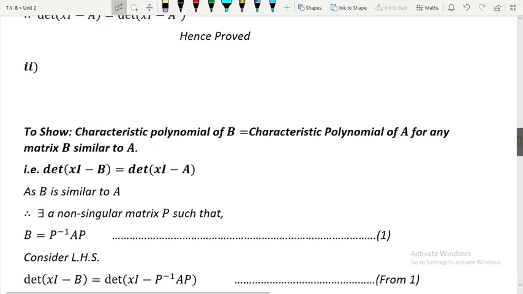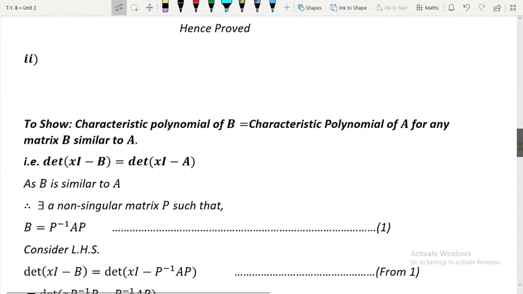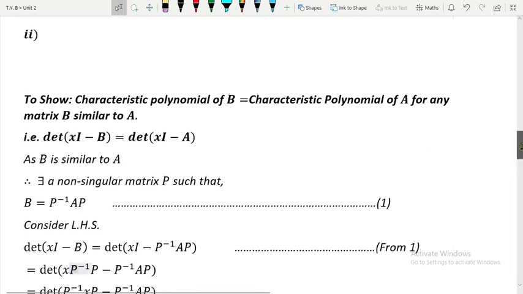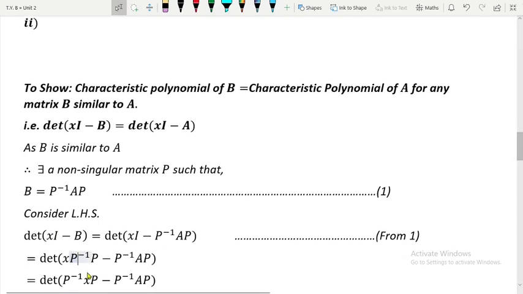So I have considered the left hand side of this determinant of xI minus B, but B is P inverse AP. So I put the value of B, then the adjustment of I was done as P inverse P, as I told you. Then this adjustment of this scalar can be shifted anywhere.